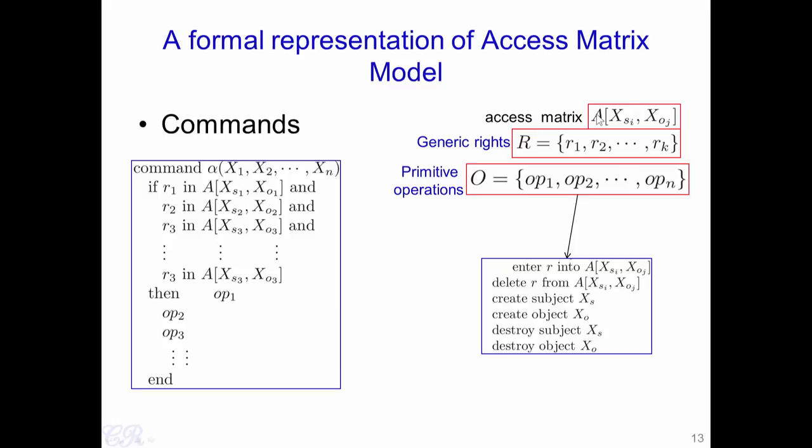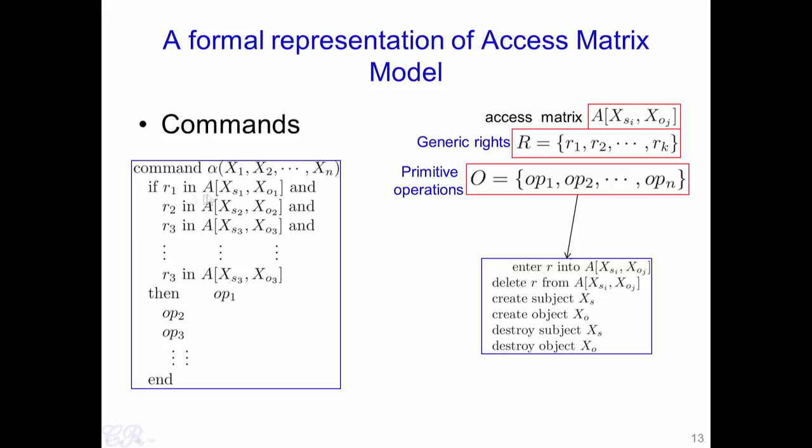So, to recollect, we have the access matrix which is specified by A, we have the generic rights R1 to Rk, and we have 6 primitive operations as we specify here. So, we can use all of this to create complex commands this way. A typical command would look like this, and it would be called, say for instance, alpha, which takes several parameters x1 to xn, and we can have a set of rules.